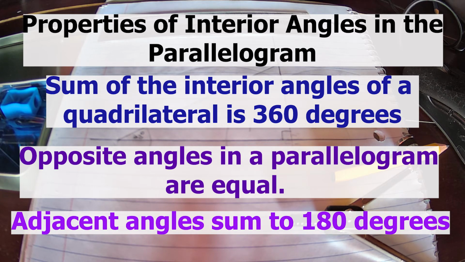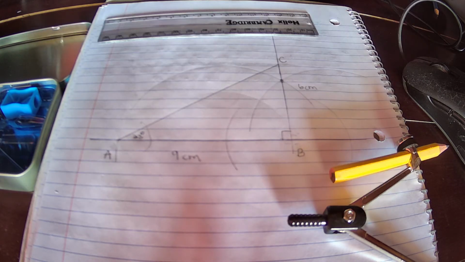For this reason, we're going to begin our construction process by constructing a 90-degree angle at the points in question, which would be A and C. And where these lines intersect should also form a 90-degree angle, thereby giving us the parallelogram.